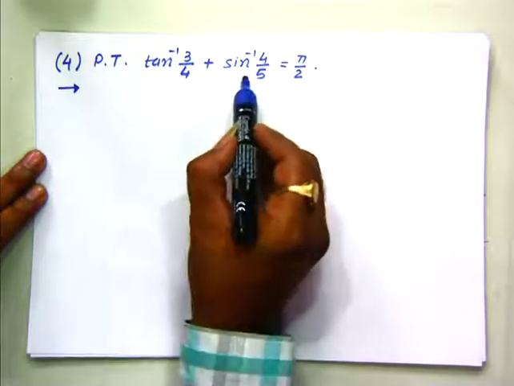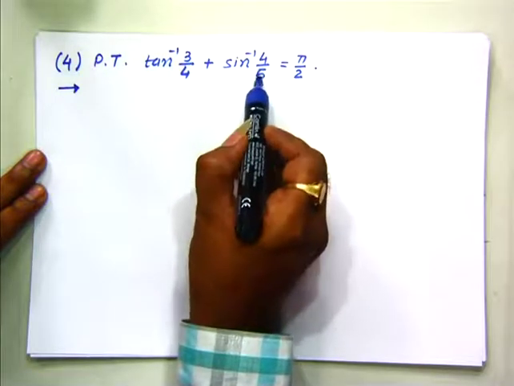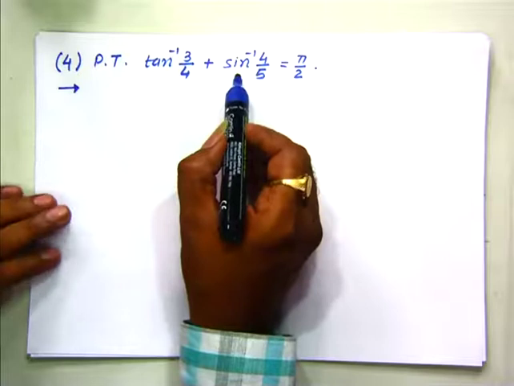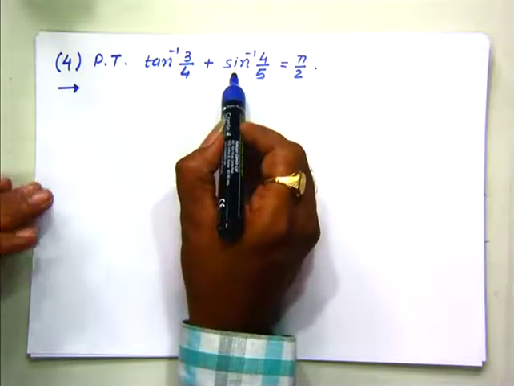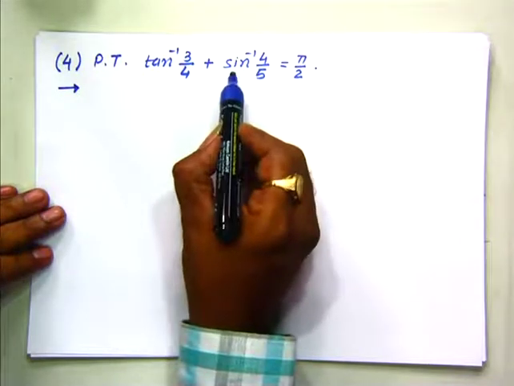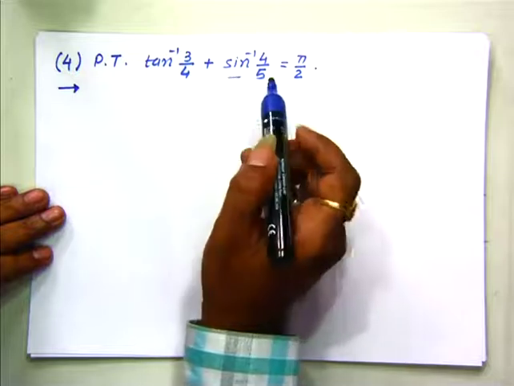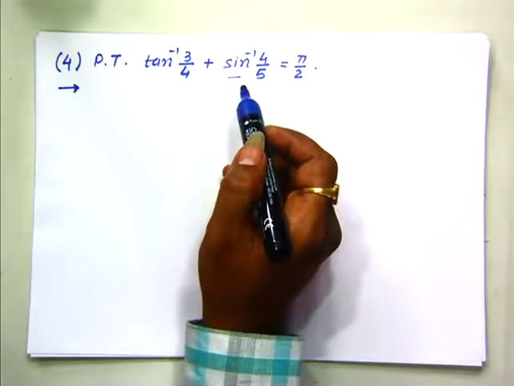See here, first of all, this is tan inverse 3 by 4 plus sine inverse 4 by 5. We don't have such formulae to add tan inverse and sine inverse. We have the formulae for tan inverse x plus tan inverse y. So first of all, we have to convert this sine inverse in the form of tan inverse.